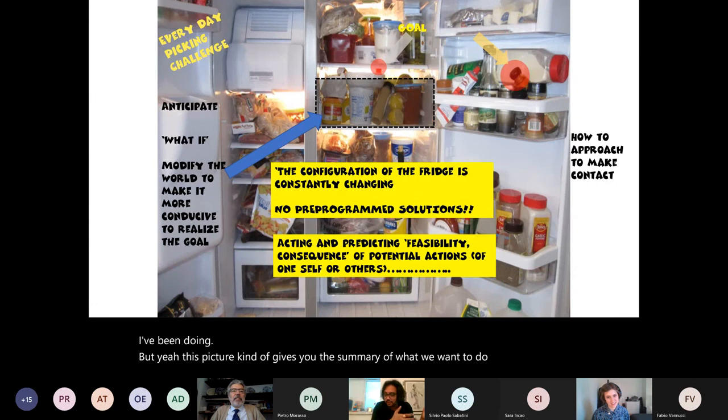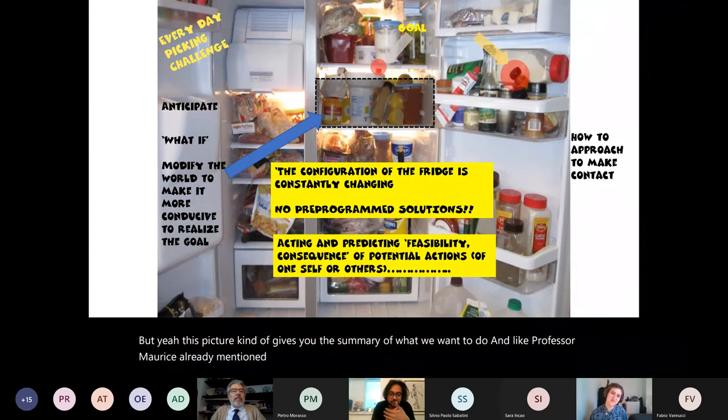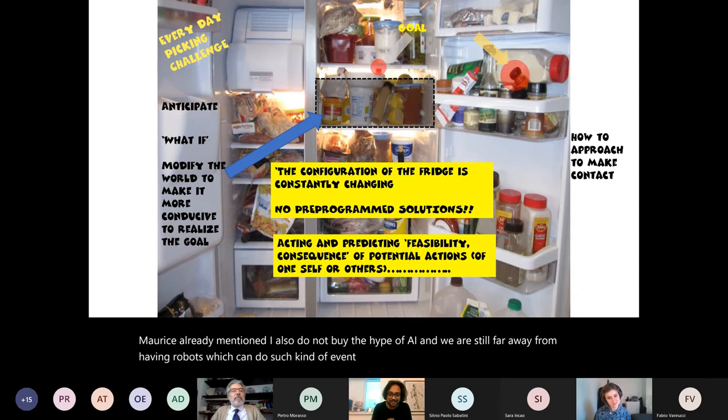And like Professor Morasso already mentioned, I also do not buy the hype of AI. We are still far away from having robots which can do such kinds of simple or seemingly very complex tasks.